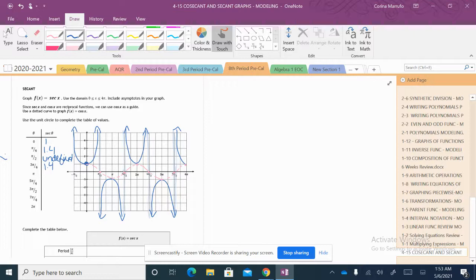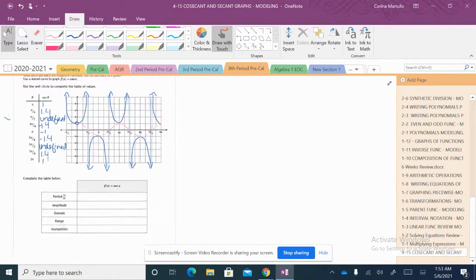At pi, it is going to give me negative 1. At 5 pi over 4, it's going to give me negative 1.4. At 3 pi over 2, it's undefined. At 7 pi over 4, it gives me 1.4. And then at 2 pi, it gives me 1. And then it starts all over again.